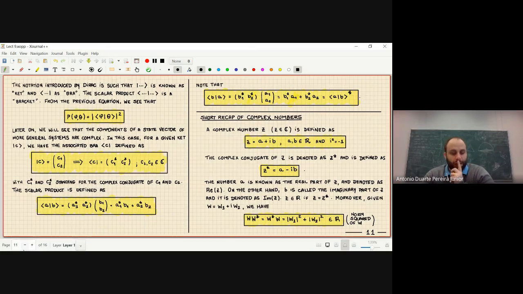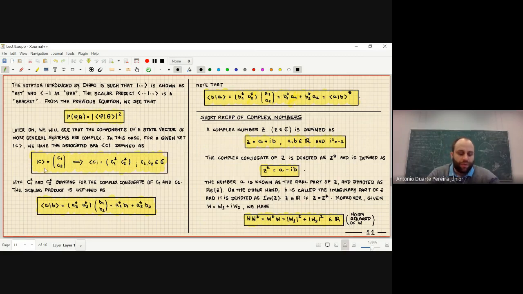Okay. But as I said, we will deal with state vectors that have entries that are complex numbers. So we have to be a bit more careful when we deal with these state vectors that have these entries as complex numbers.